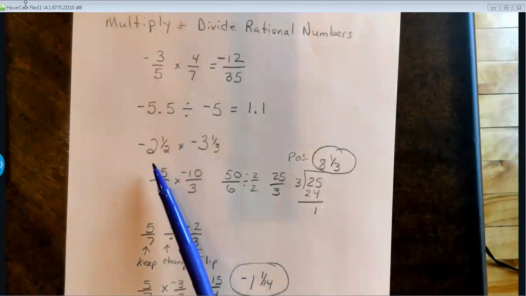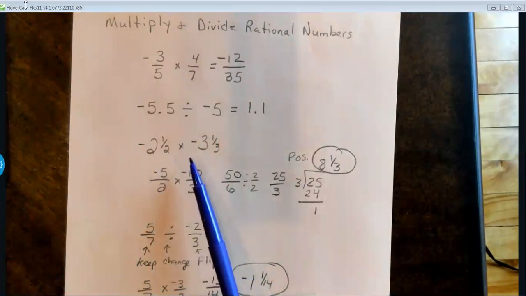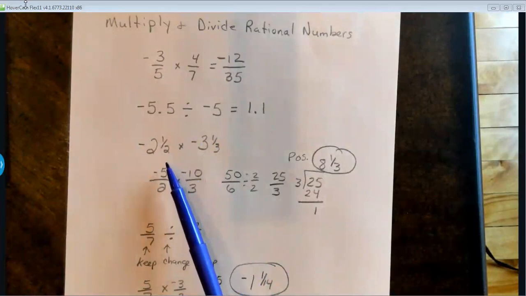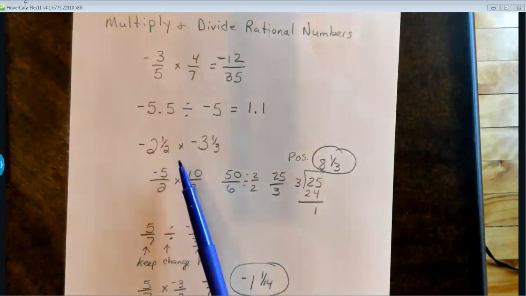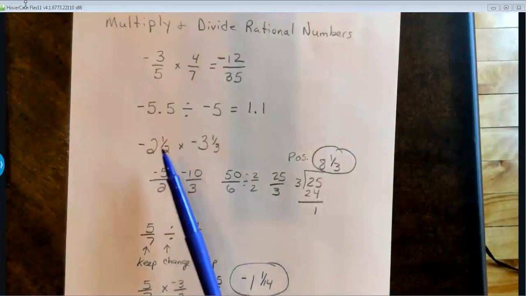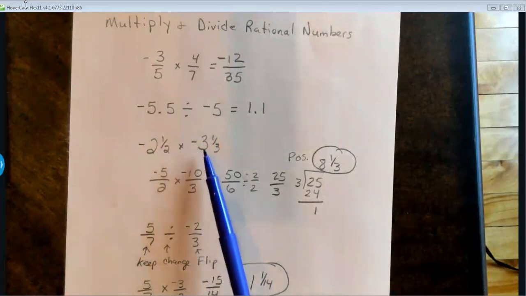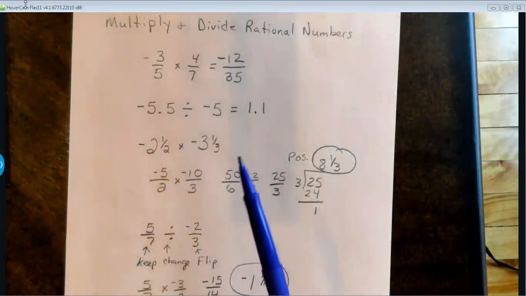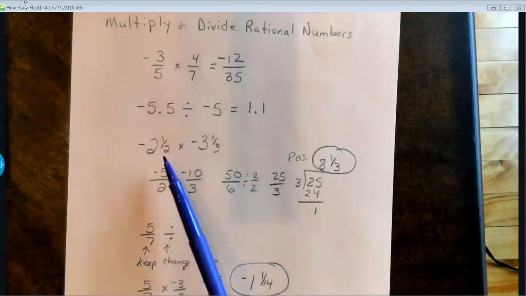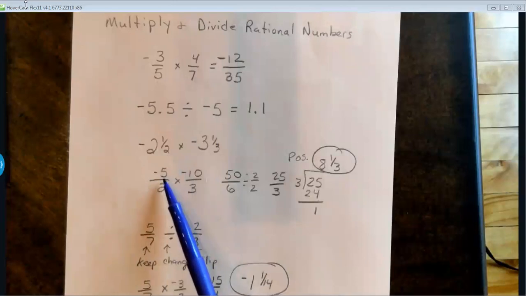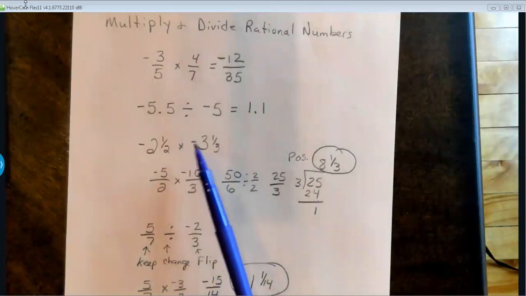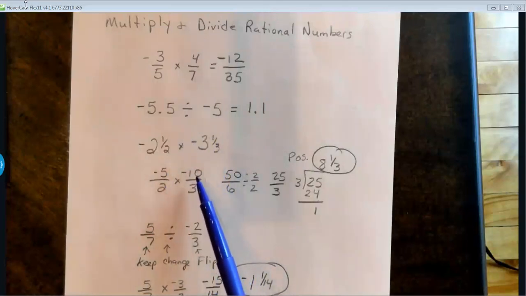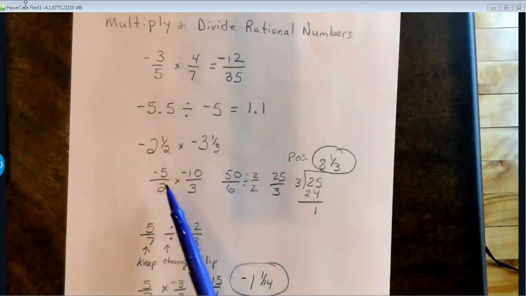Then when I have mixed numbers, I have to change them to improper fractions. Here I have a negative 2 1/2 times a negative 3 1/3. And when I change this to an improper fraction, it becomes a negative 5/2. And when I change this to an improper fraction, it becomes a negative 10/3.